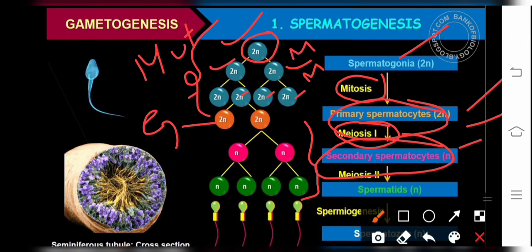Meiosis 1, we all know, is reductional division, the chromosome number becomes half. So what chromosome number will these secondary spermatocytes have? They will have the haploid chromosome number. Why? Because primary spermatocyte divided with the help of meiosis 1, so the chromosome number reduced. So the secondary spermatocytes are haploid. Understood?